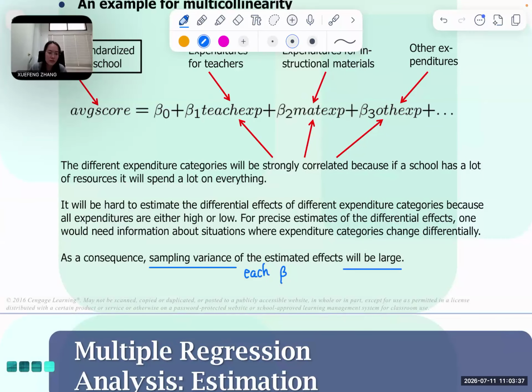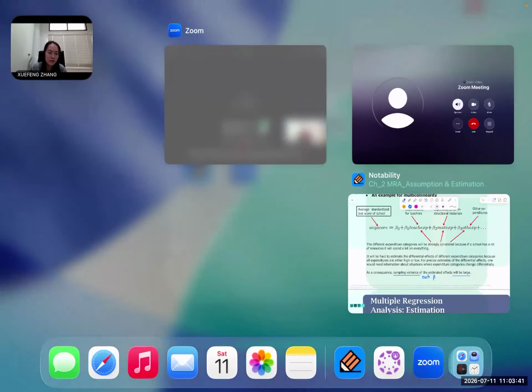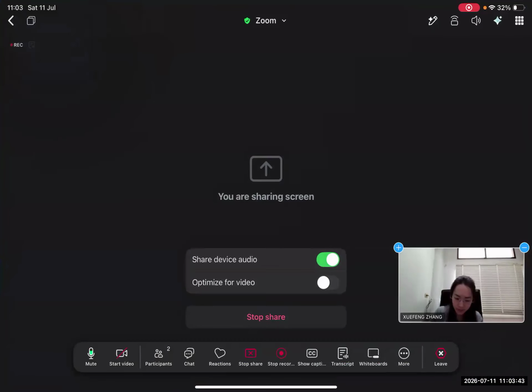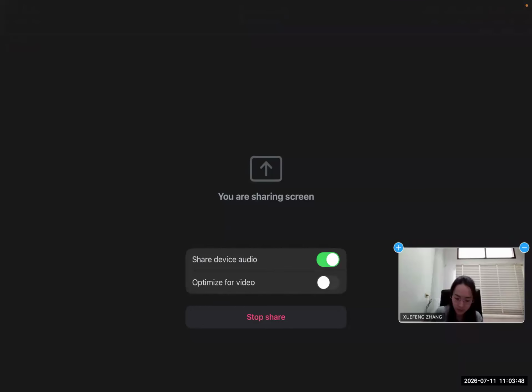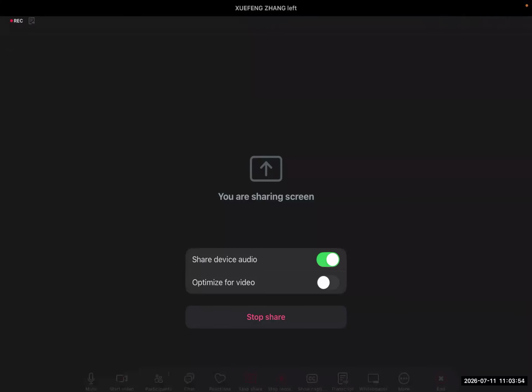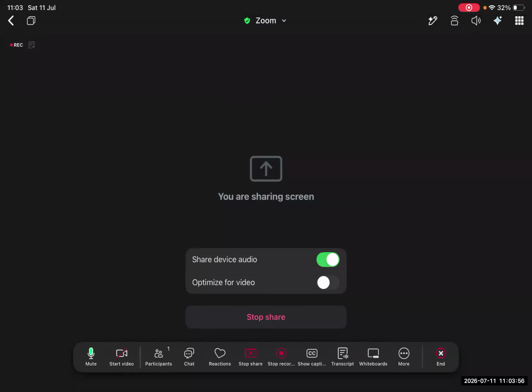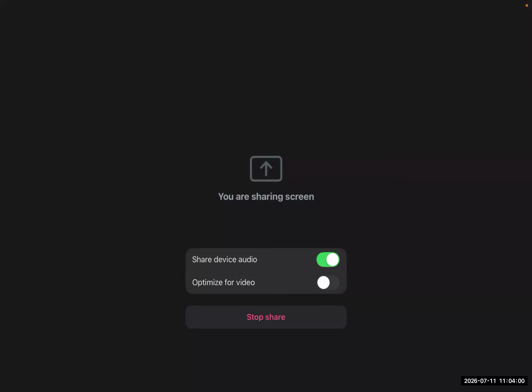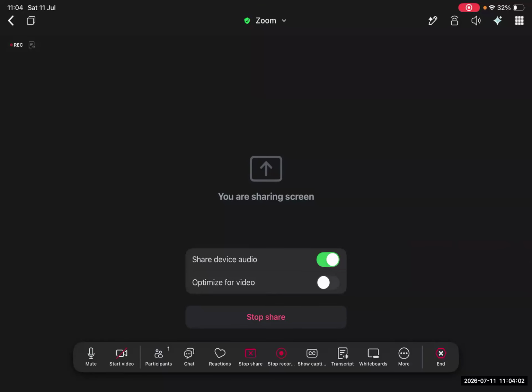My computer got stuck. Let me see. Something is wrong here. Right now you can hear me, but you can't see my face. So let's just wait a few seconds. I'm going to fix this.